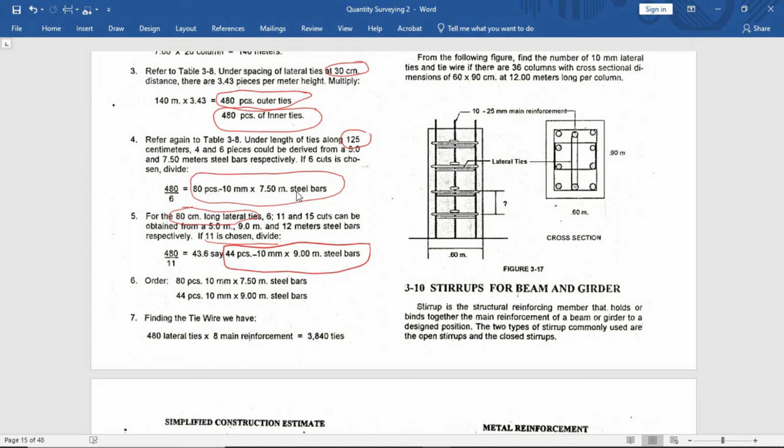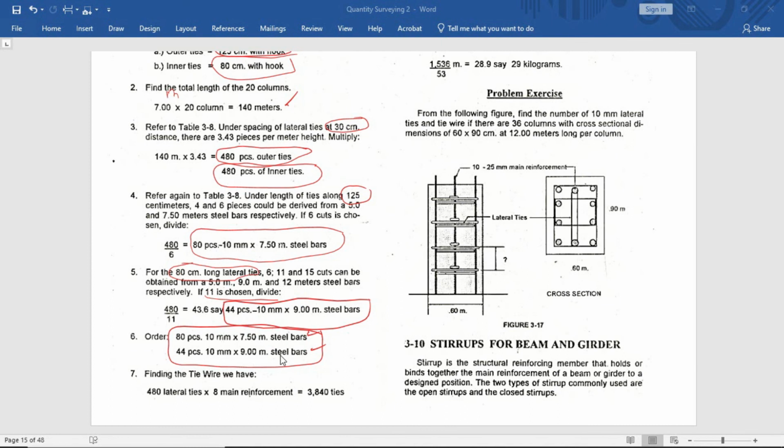So, in total, meron tayong 80 pieces of 10 mm by 7.5 steel bars and 44 pieces of 10 mm by 9 meters steel bars. Tulad nga sabi ko kanina, hindi nyo sila pwedeng i-combine kasi magkaiba yung length nila.